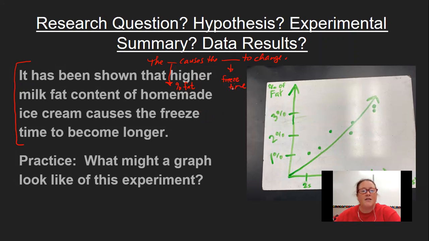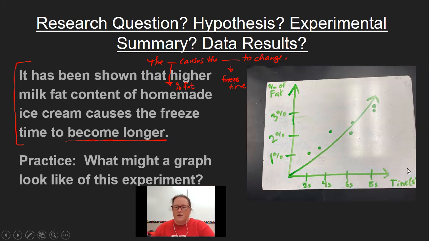And here it says specifically that if we have higher amounts of milk fat, the time becomes longer, it takes longer. So on the axis, the students put milk fat here on the axis. Oh, they did it wrong. They actually did it wrong.